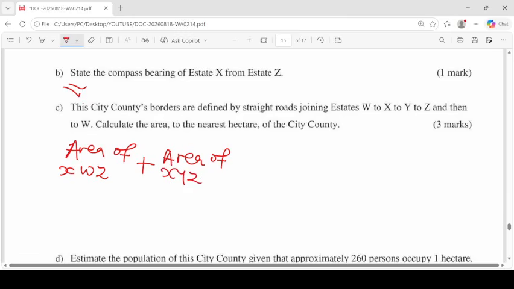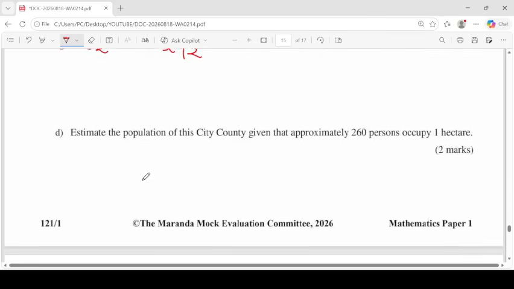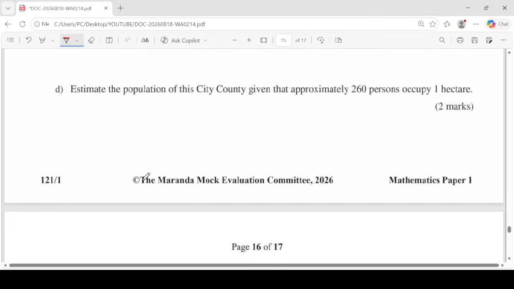Again, there are measurements I need to take. On my end, I will not be able to do it because mine is a sketch. Part D, estimate the population of this country given that approximately 260 persons occupy 1 hectare.